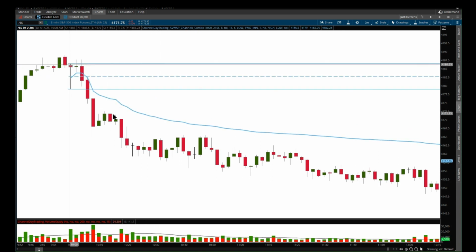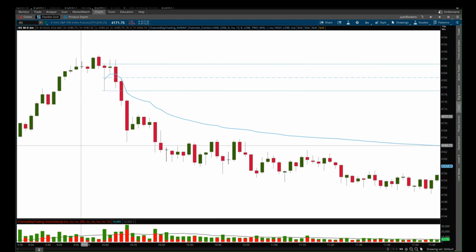As soon as you put it there, look at two things: how the pricing is interacting with this curve, and how it is interacting with this channel. Why does this work? The whole impetus behind this methodology is that whenever you have a high spike in volume, a lot of people bought or sold on that candle.